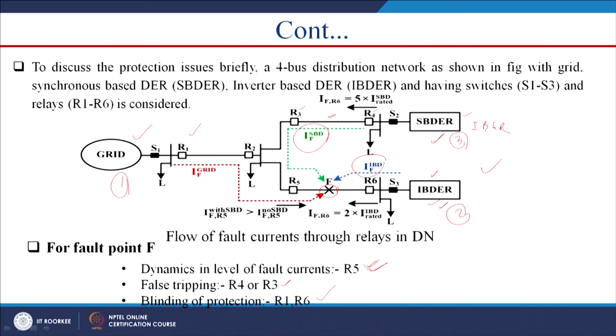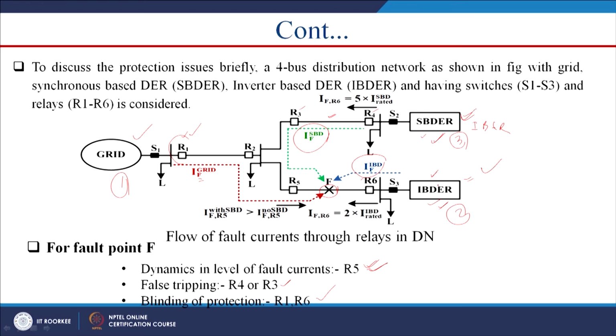Now, the third one is blinding of protection. Relays R1 and R6 will see the blinding of protection. This is our R1 and this is our R6. Why will R1 see the blinding of protection? Because due to the integration of the DGs, the fault current will also be contributed by these 2 sources along with the grid system. Let us say previously these two renewable sources are not present. Then the fault current is contributed only by the grid, that is IF grid.